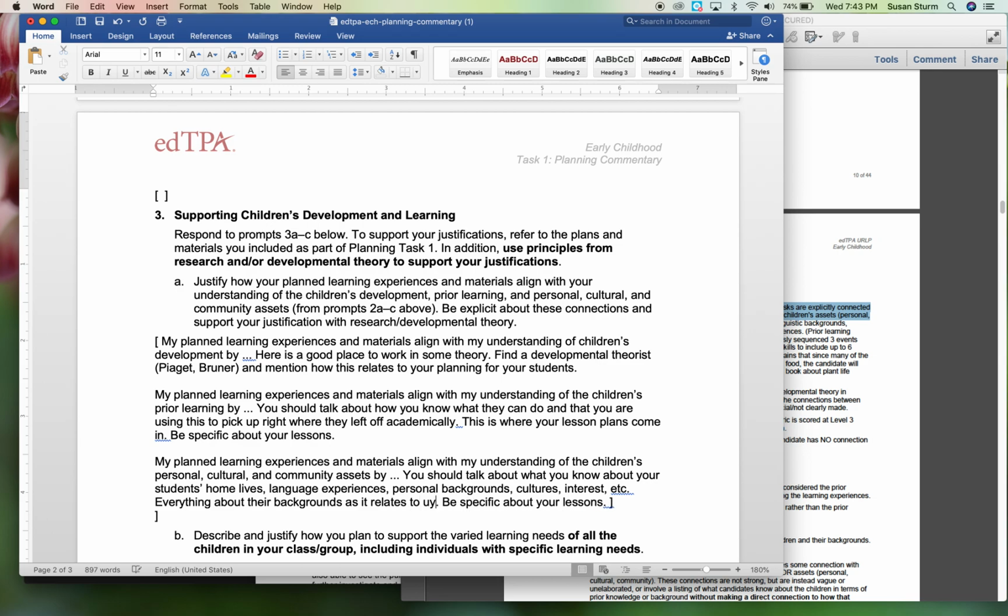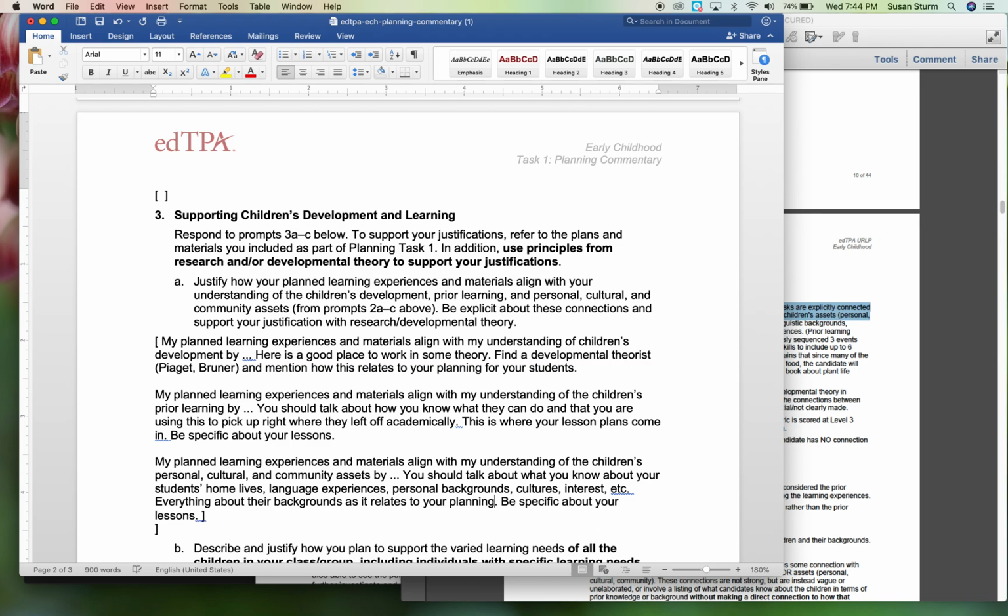So edTPAs that do really well have deeply considered the students in the class and developed lessons that are appropriate to them. Worst case scenario, you'd focus just on their interests. So I know that the students enjoy reading texts written by this specific author.